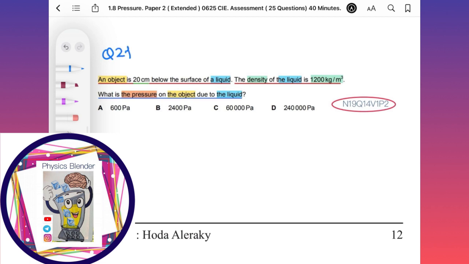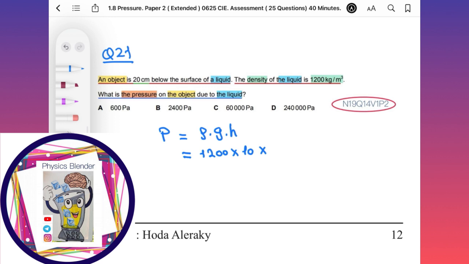Question 21. An object is 20 centimeters below the surface of a liquid. The density of the liquid is given. You have to calculate the pressure acting on the object due to the liquid. So pressure due to liquid column is equal to rho GH. Substitute, density of liquid is given, check units are consistent.